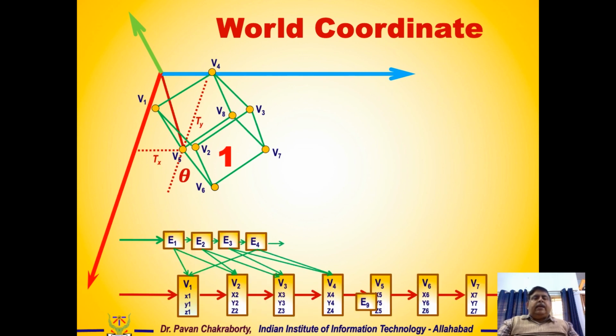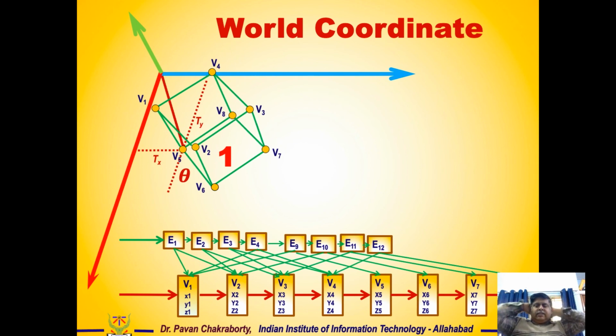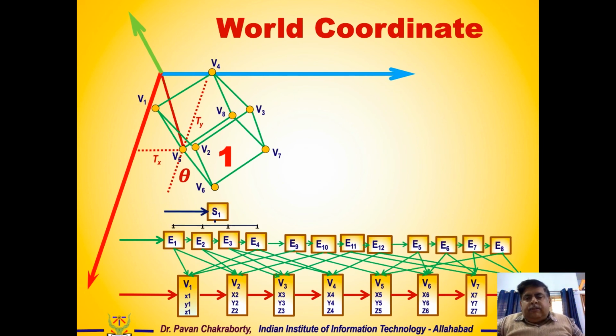But in this case, I am not doing any calculations. What you see here are the 8 vertices, and these 8 vertices describe the different edges that you have. I've taken some of the edges, the first and the last edge.